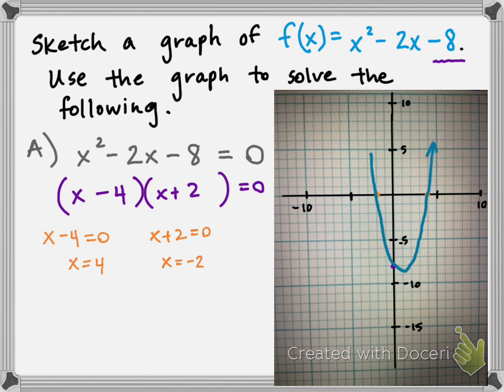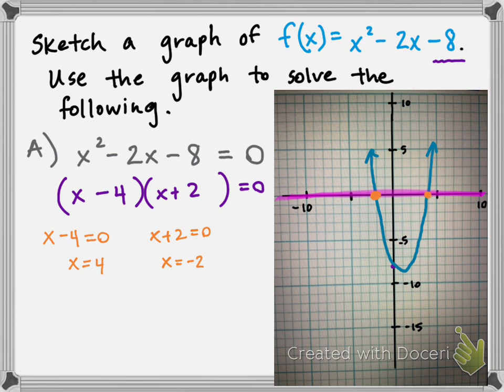Now the question is when does this graph equal 0 for the y value? So let me highlight the y value to help us see this. Here's the y value right there. And where is the graph crossing that line of y is equal to 0? Well, you may be like, well, Ms. Weismuller, that's what we graphed at the original statement.